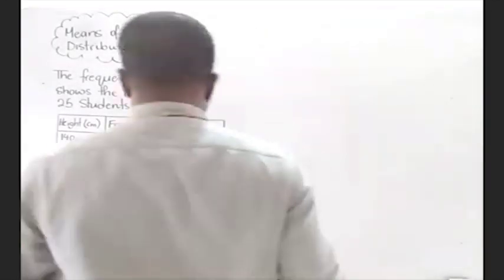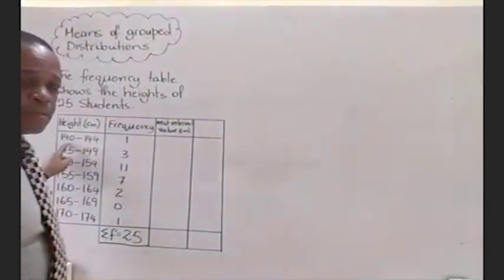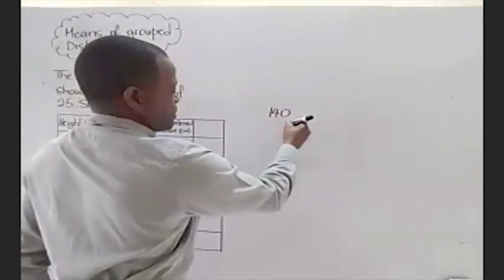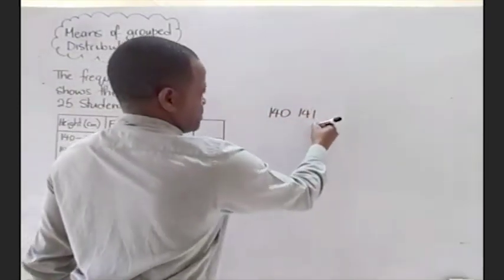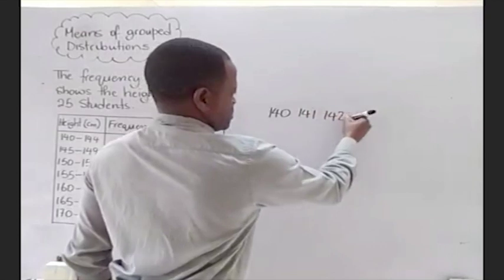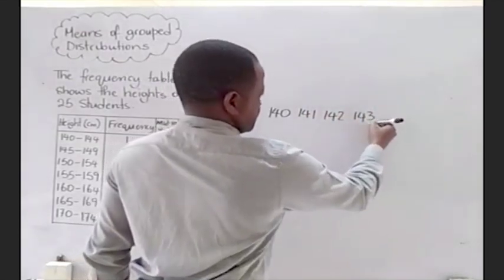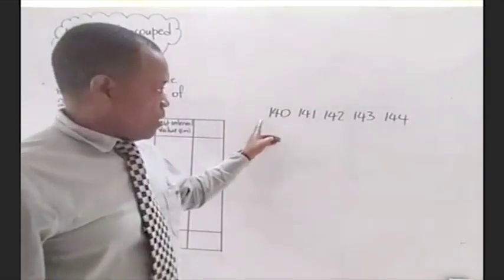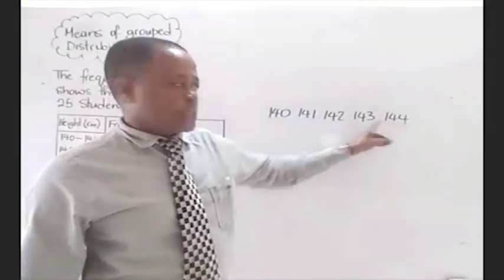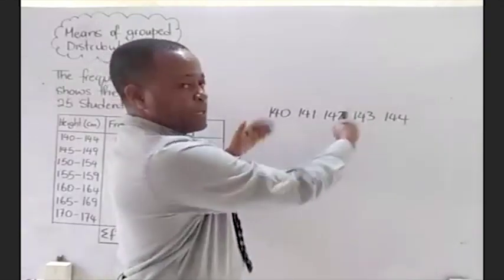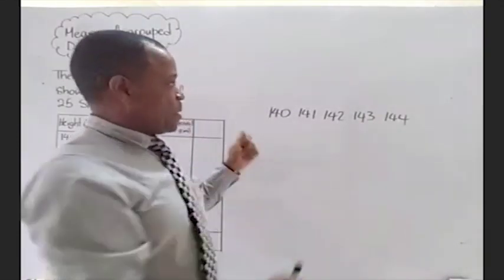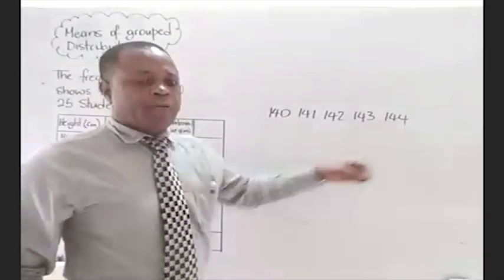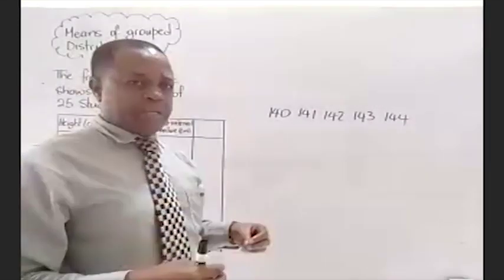Here, 140 to 144. So we are saying that we could have 140, 141, 142, 143, and 144. Notice all those values would actually fall inside of that class.